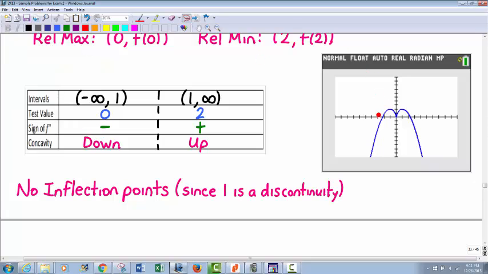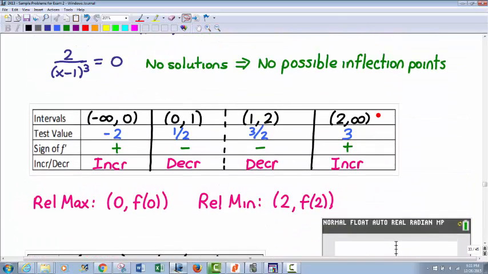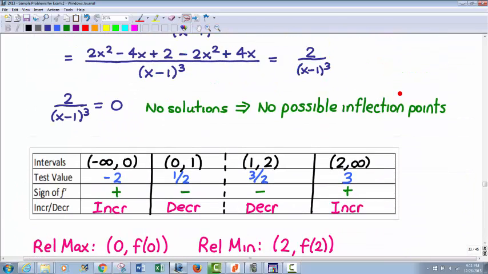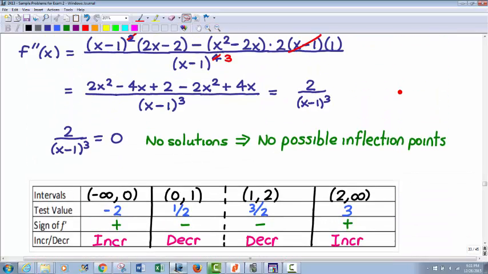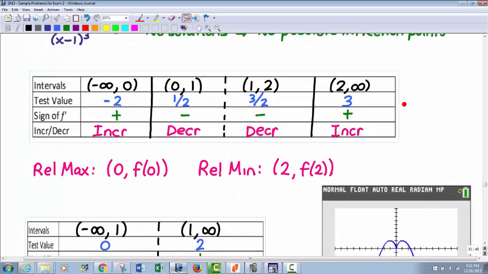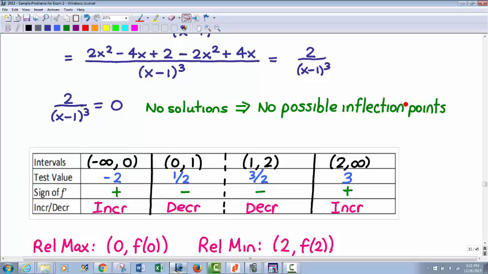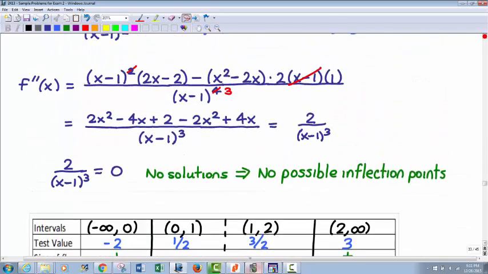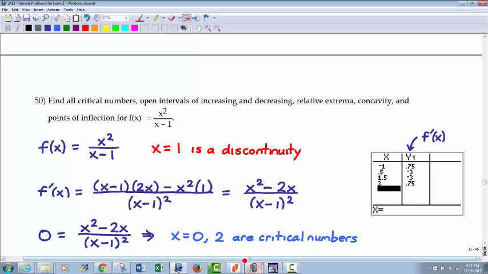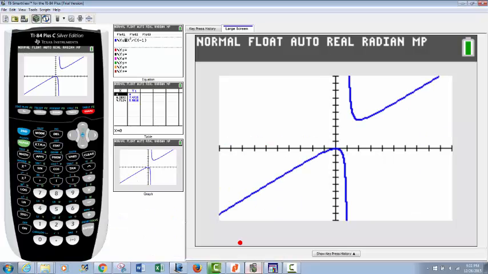Something's not right here. Let me see what I put in the calculator. Let me double check what I did. Oh, wait a minute.